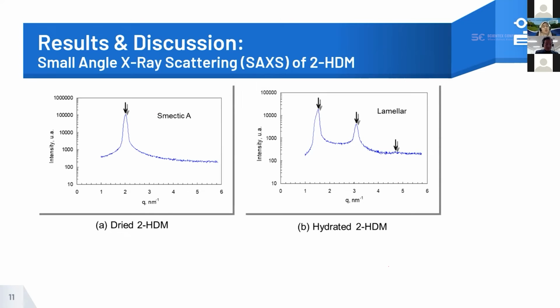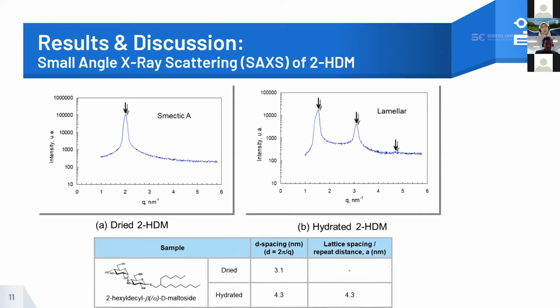This one is the small angle X-ray scattering for 2-hexadecyl maltoside. The first one shows the sample in dry condition, with a spacing of 3.1. Then for the hydrated sample here, you can see the same lattice spacing, and the spacing is 4.3.